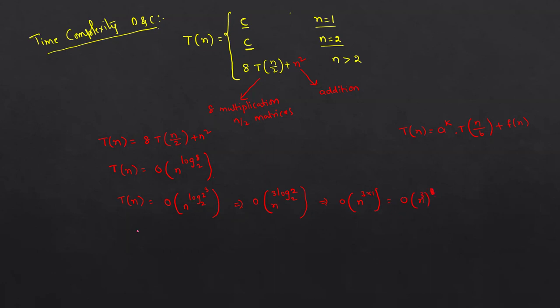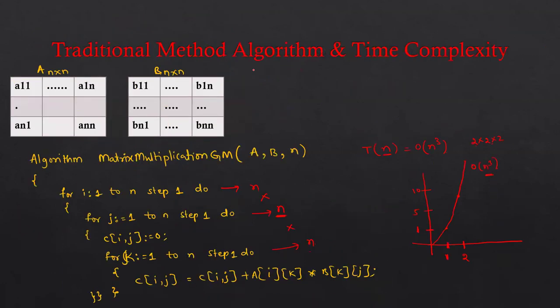So when you apply this divide and conquer method, did you get any benefit? No. It also takes order of n cube time only. Is this clear? In the last class, in the last slide, I showed the growth of the traditional method.